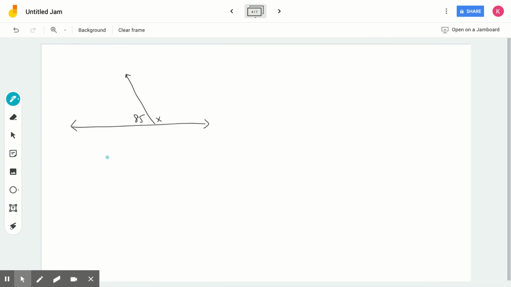Now, using what we know about adjacent and vertical angles, are these 2 angles adjacent or are they vertical? They share a common side and a vertex, so these are adjacent. Now that we know they're adjacent, we need to find the value of x. This is called a straight angle. A straight angle or a straight line is worth 180 degrees.